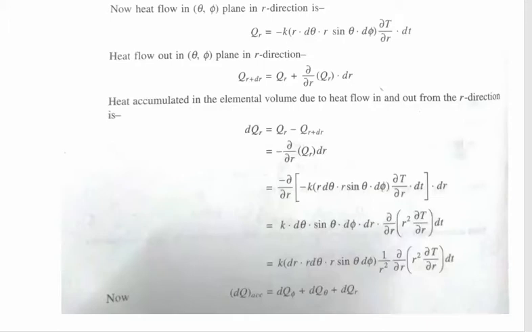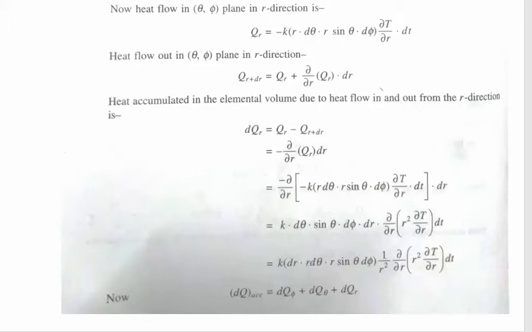Now the heat flow out in the dφ plane in the r direction, that is heat flow outward, where q r plus dr is the total resultant of the heat flow flowing outward, will be equal to qr plus ∂qr/∂r into dr.